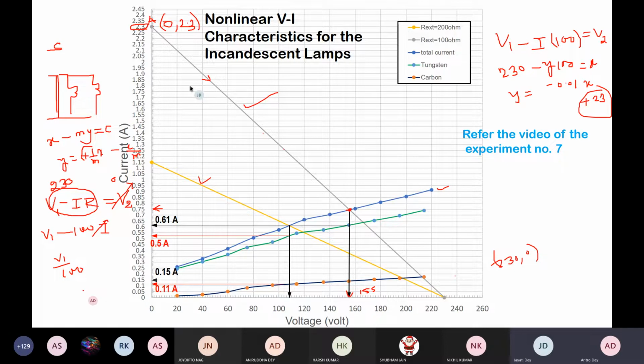If you follow the previous graph, it should be 230 if 230 is given, so the lamps will also get 230. But you can see over here that when 230 is given but the resistance is 100 ohm, the voltage appearing across the lamp comes down to 155.